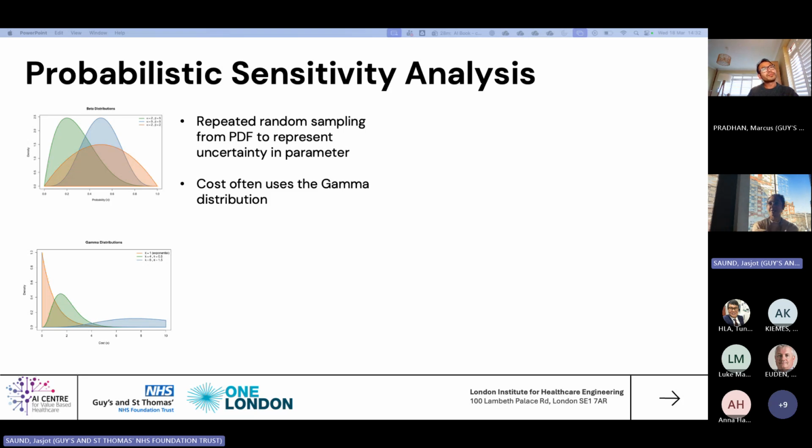We often use the gamma distribution for costs, this one in the bottom left corner, just because of the way it nicely models costs generally, compared to the beta distribution for quality of life essentially, which is almost like a normal distribution, but it never reaches zero.